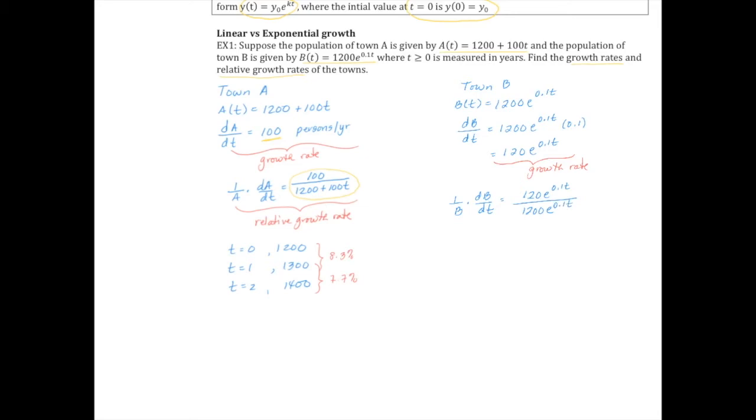So notice that the e to the 0.1t cancels top and bottom, and then I can also reduce my fraction here. I get 1 over 10. And then this would be our relative growth rate.